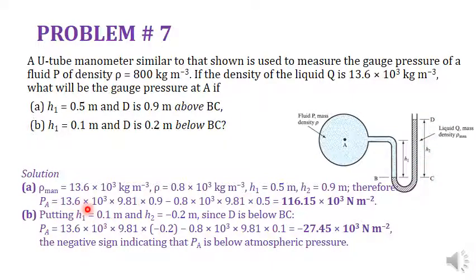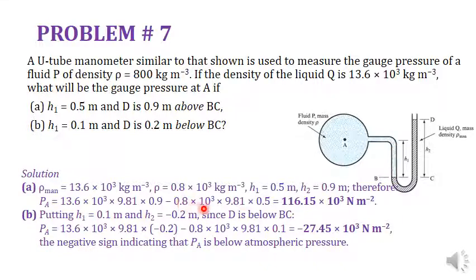So 13.6 into 10 raised to power 3 into 9.81 into 0.9 is the pressure intensity due to the manometric fluid, and you are subtracting from it the pressure intensity of the fluid that is filled within the manometer.